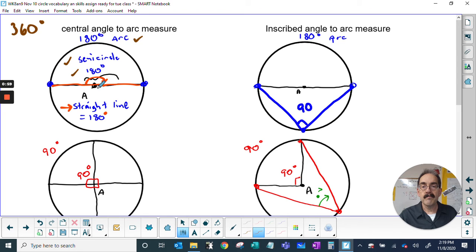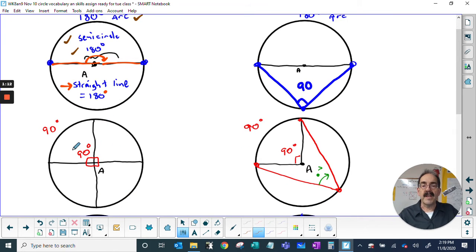So the next thing we wanted to do was discover that a central angle that measures 90 degrees is the same measure as the arc created by that angle.